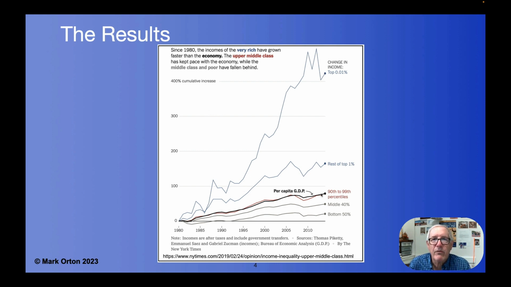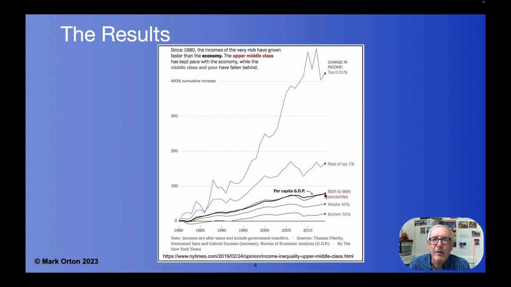So here's the per capita GDP. That's where you take the entire production of the economy and divide it up on a per person basis. And as you can see, the black line here has been rising nicely throughout this whole period. The bottom 50% of the population and the middle 40%, so that's 90% of the population, fell considerably behind over this whole period. That's evident here.